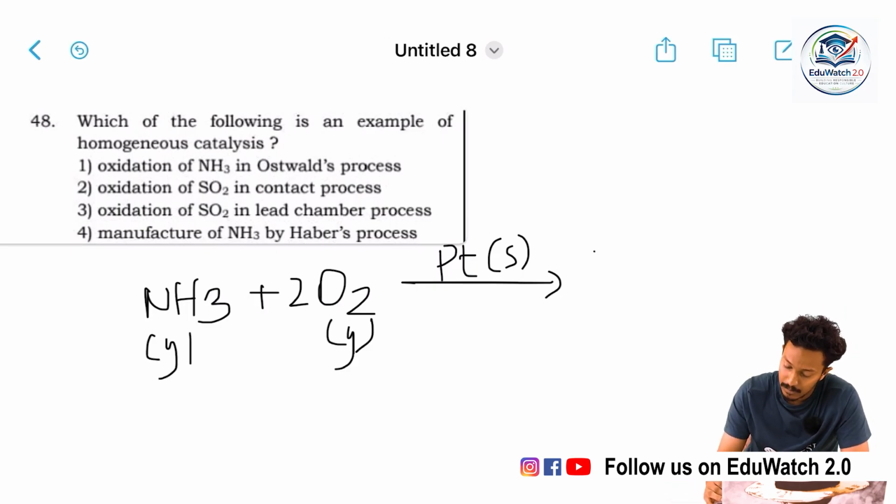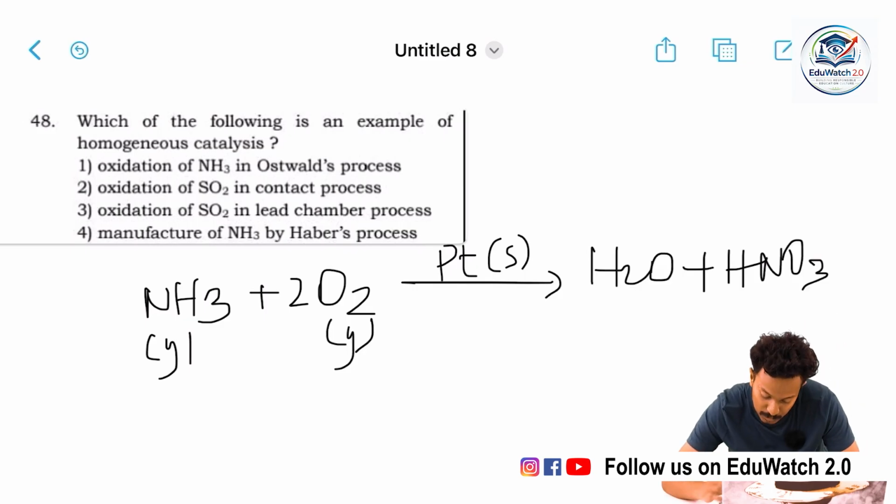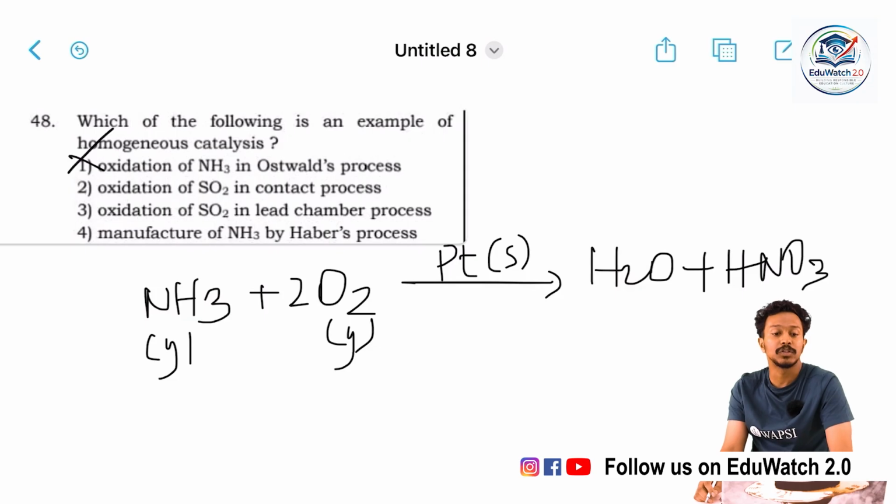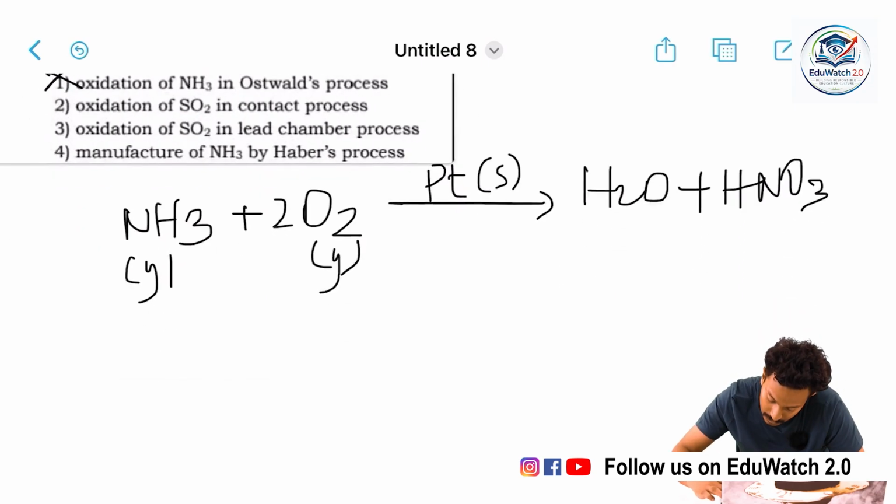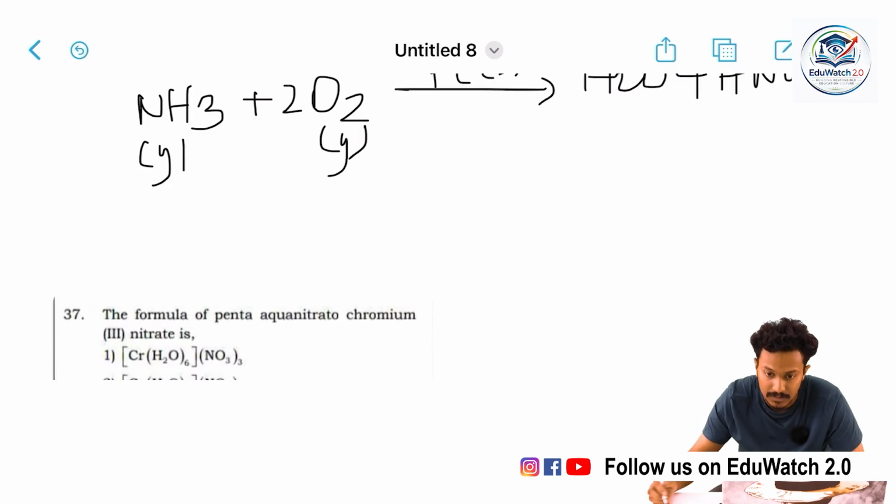The products of this reaction are H2O plus HNO3, the production of nitric acid. So option 1 is wrong. Next, the oxidation of SO2 in the contact process.